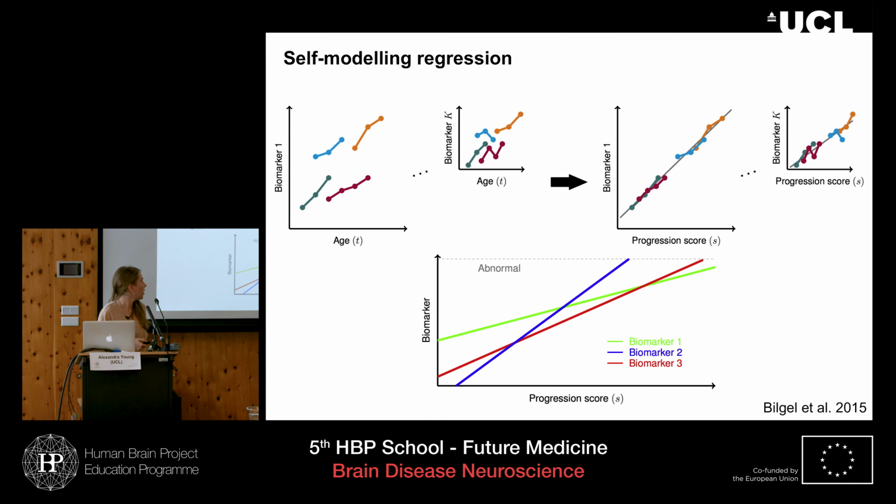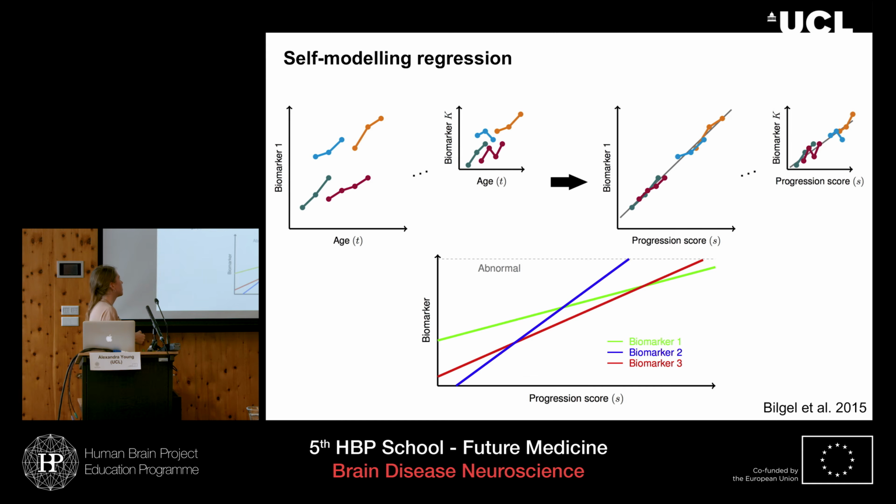Another type of model is self-modeling regression, which incorporates multiple different types of biomarkers simultaneously to estimate this kind of data-driven time axis. So here, if we plotted just biomarker values against age, what we'd see is that there's not really much coherence between the biomarkers and the age, because individuals are at different stages.